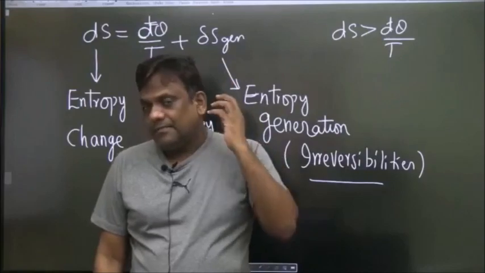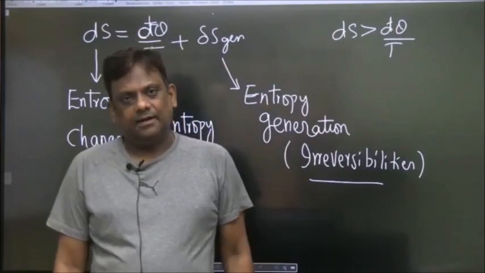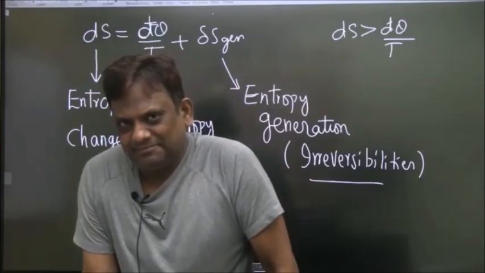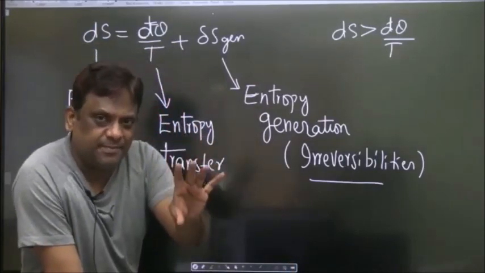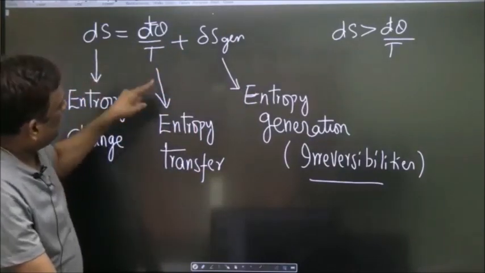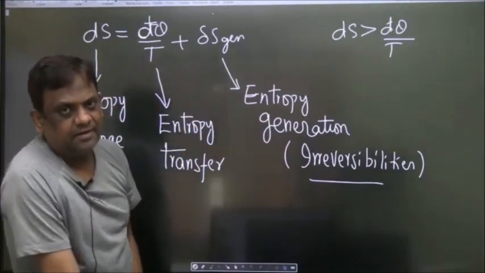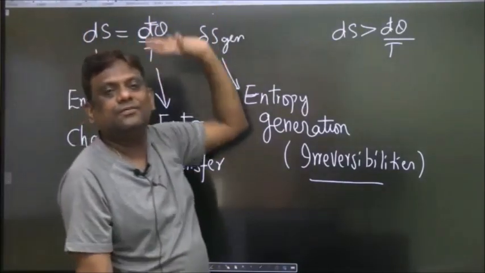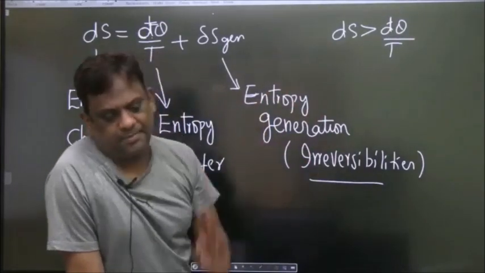Second statement: entropy transfer is not zero. Third statement: entropy change is zero. You have to be very careful. When it is reversible, generation will be zero, so the first statement is wrong. In an adiabatic process, entropy transfer is zero, so the second statement is also wrong. And in reversible adiabatic, when both are zero, the change in entropy will also be zero. That's why reversible adiabatic is an isentropic process, with no change in entropy.